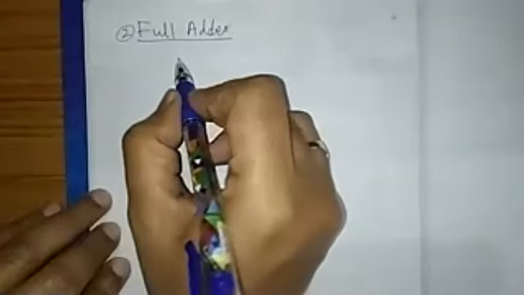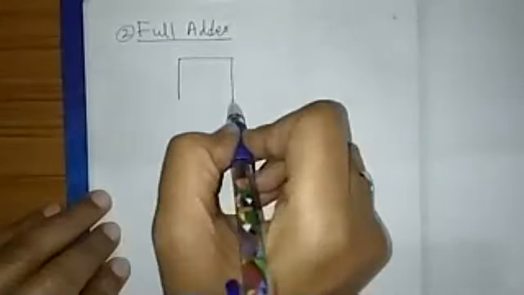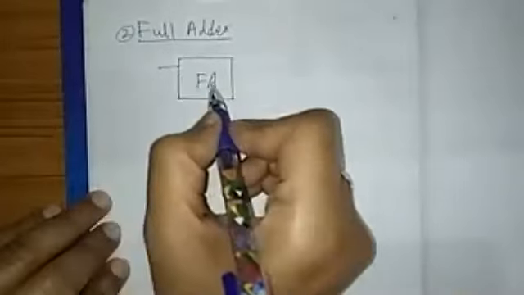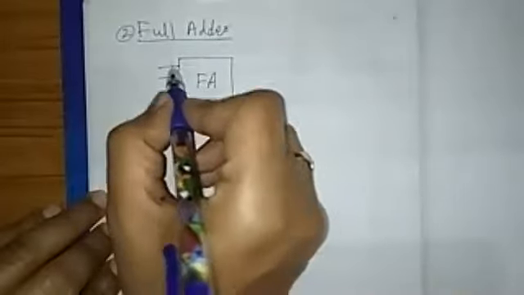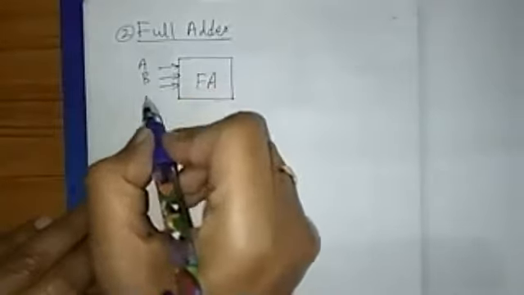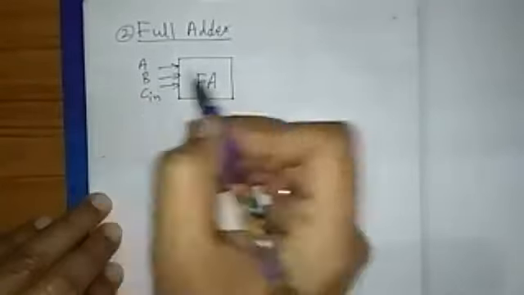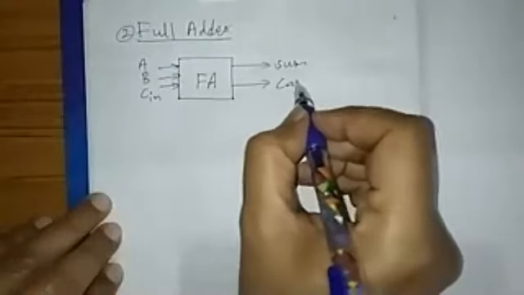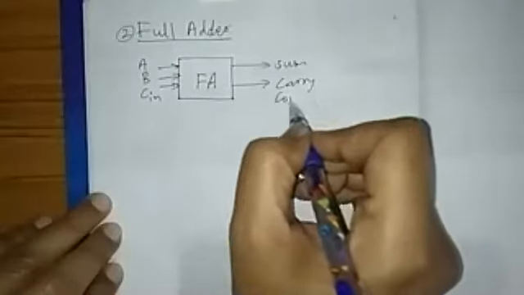If I show a block diagram, I can show this as a full adder with three inputs, A, B, and C in, carry in, I can say. And outputs are sum and carry, or I can say C out.